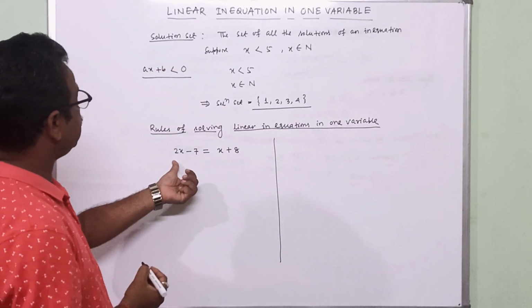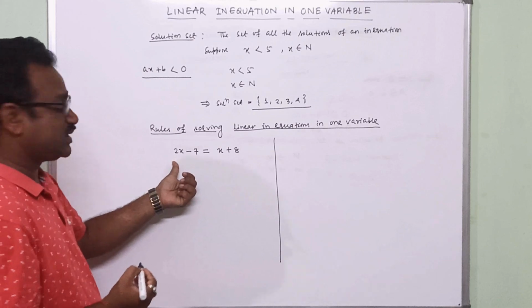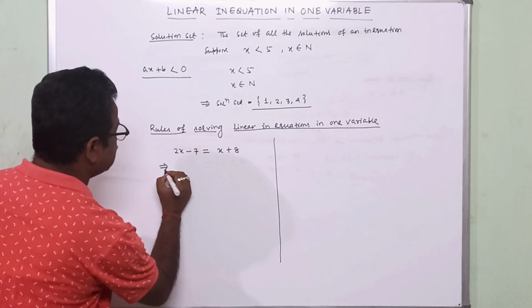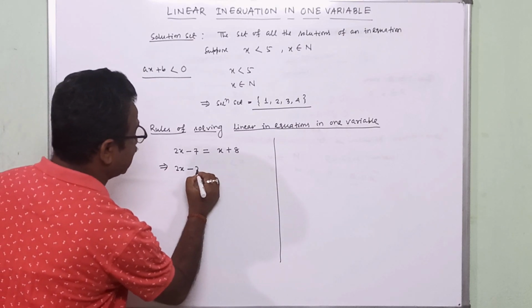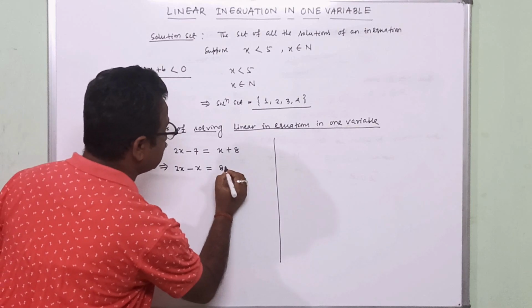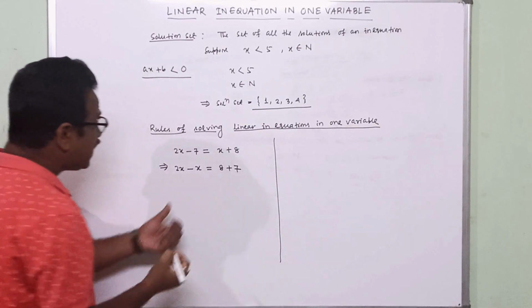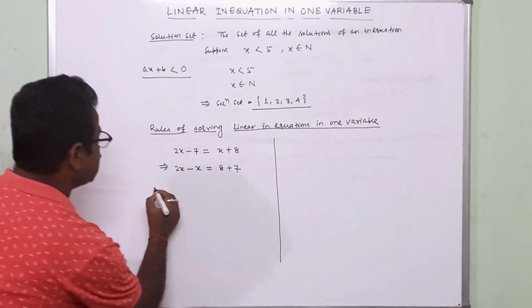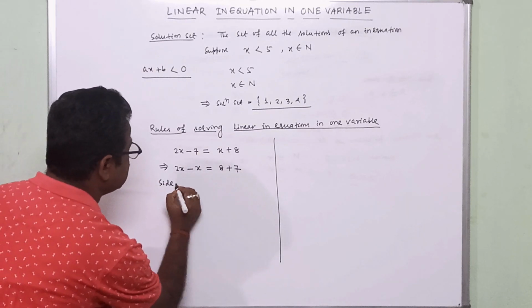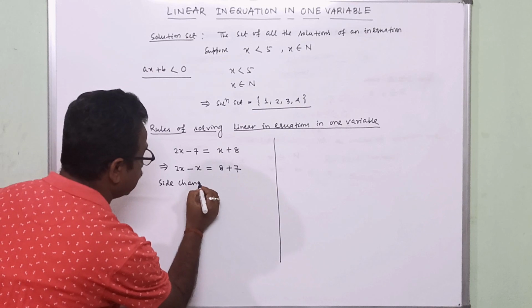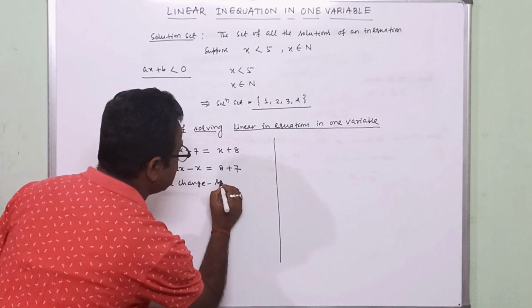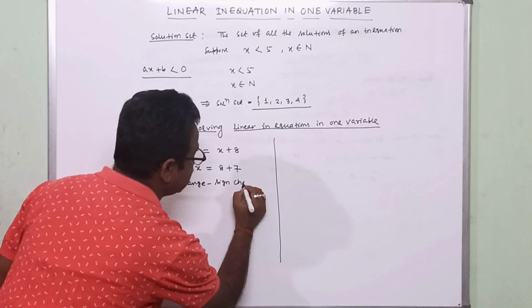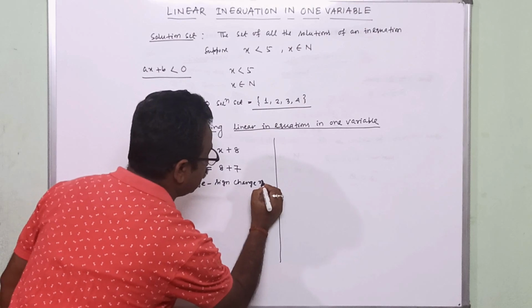Here is one example of a linear equation. That implies 2x minus x is equal to 8 plus 7. Why 2x minus x is equal to 8 plus 7? Because of the sign change rule.